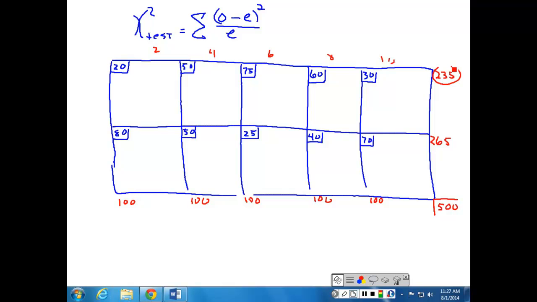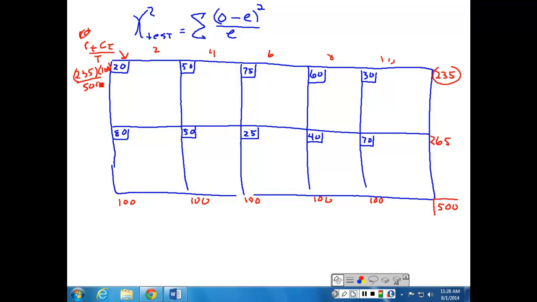The other thing you can do is take the row total times the column total divided by the overall total for each cell. Like for this cell, you would have the row total 235 times the column total 100 divided by the overall total of 500. And so, let's see, I've lent my calculator here.